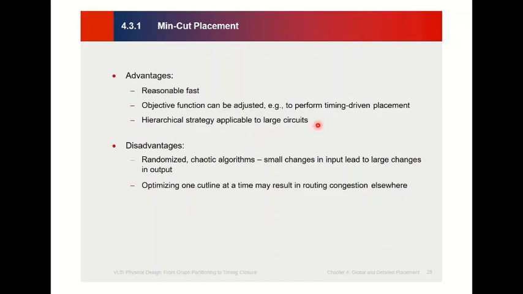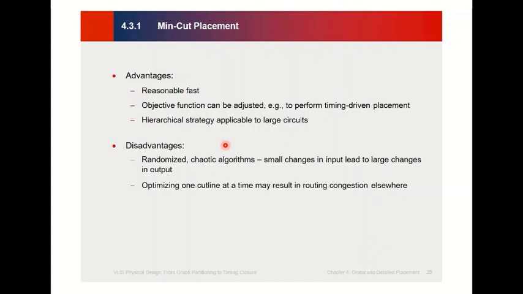Remember, we subdivided a very large problem into smaller sub-problems. The disadvantage of min cut placement is that it is a randomized, chaotic algorithm, because as I mentioned, in the previous example we use the KL algorithm. So we put the initial partitioning randomly, then we use the KL algorithm to solve the proper partitioning.